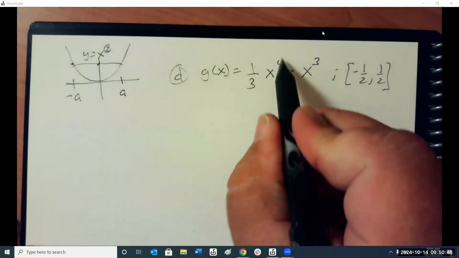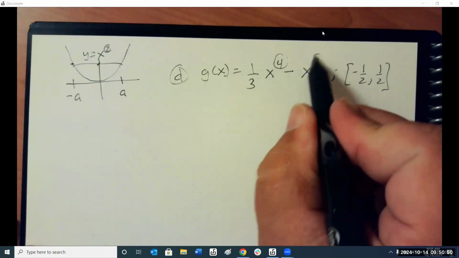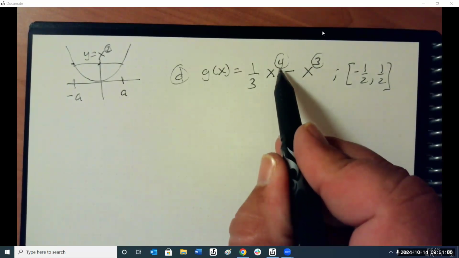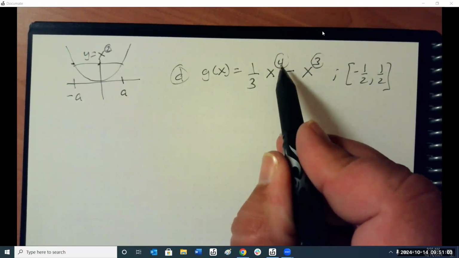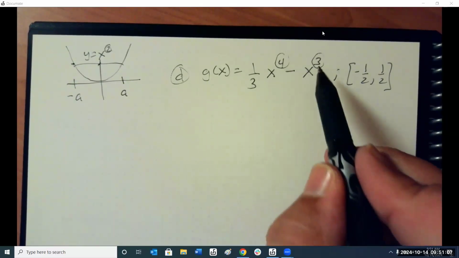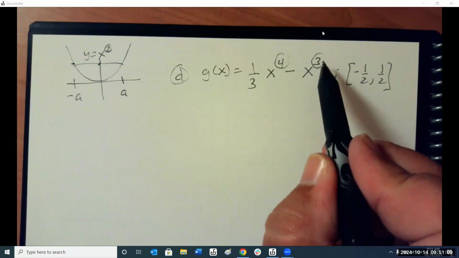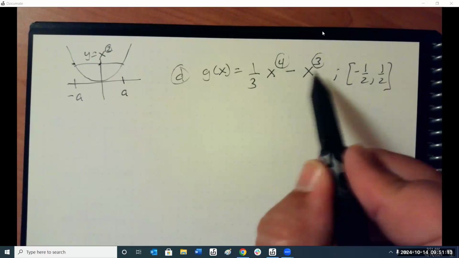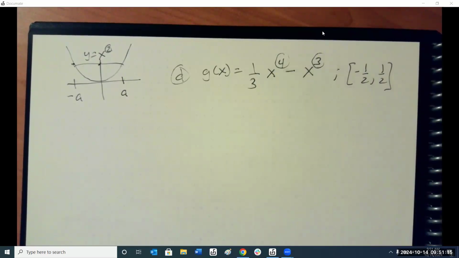Well, yeah, because this one's even, this one's odd, it's neither. So we can't just change the signs of the answer. Remember, if it's an even function, it can only have an even exponent and or a constant number. If it's odd, it can only have odd exponents. So since this one has both, it's neither.